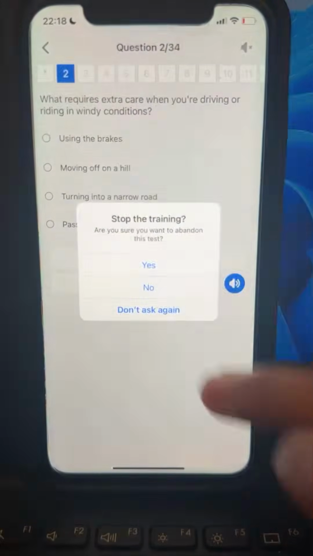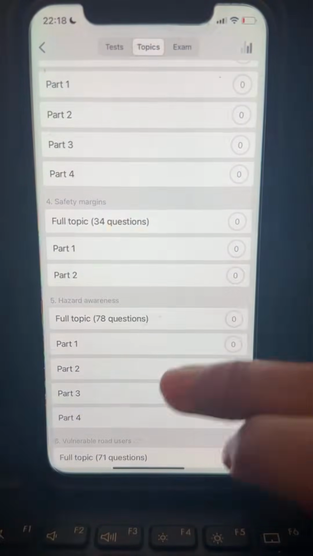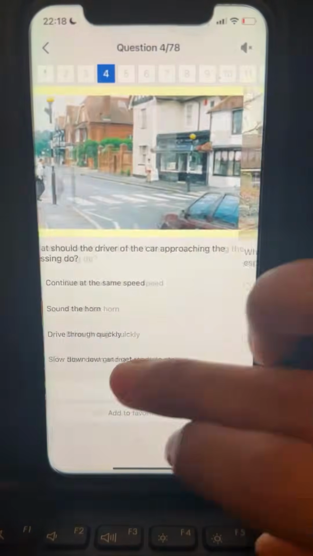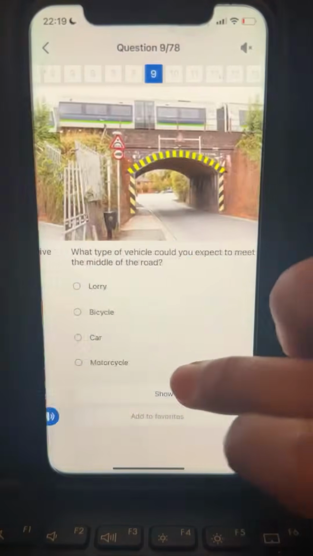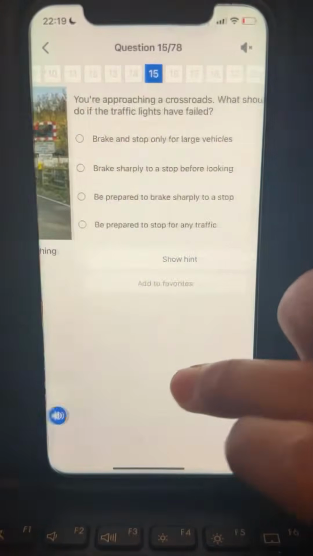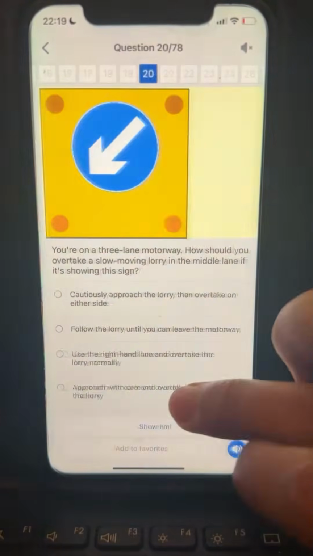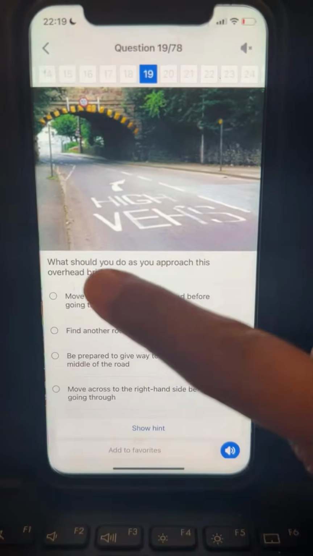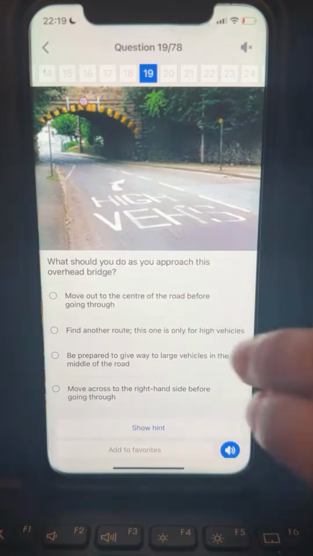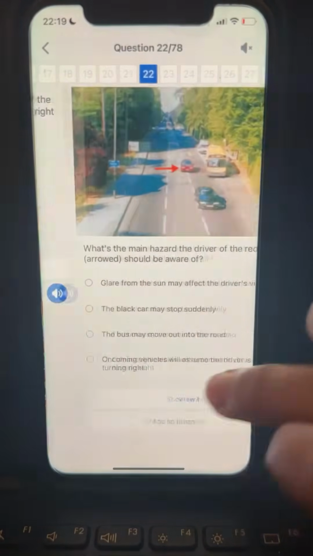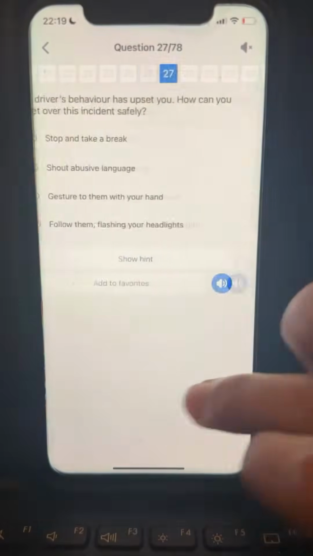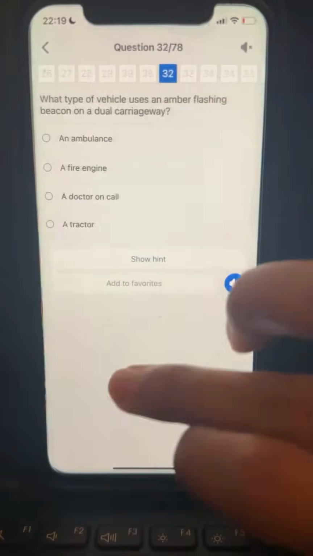Nope, not on safety margins. Hazard awareness, they will be. We didn't stop line anyway. There you go. What should you do? I'm not gonna cover this one because we'll cover it another day. Sorry. Road markings, please.